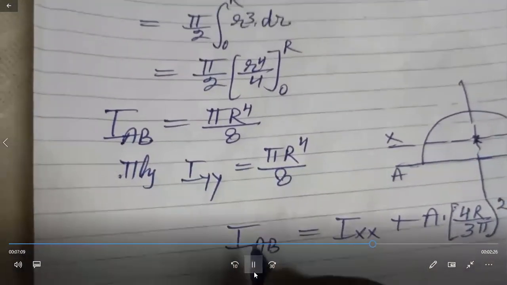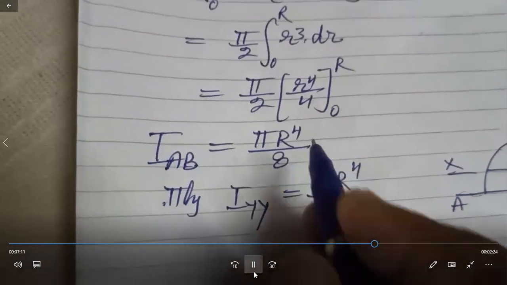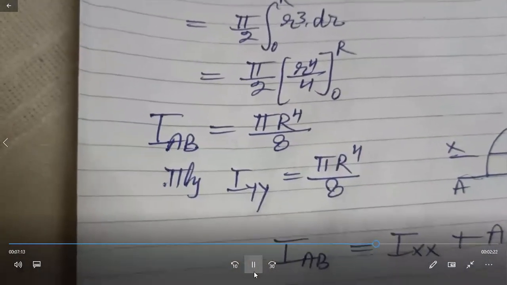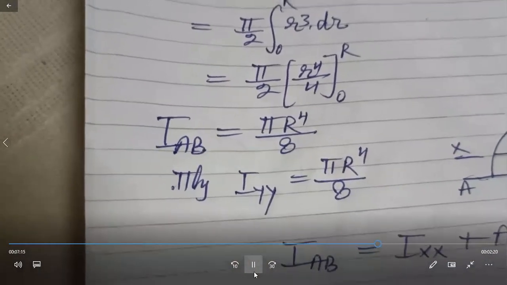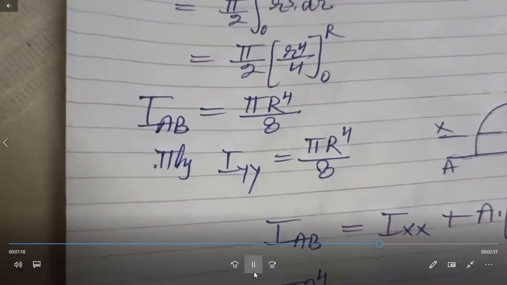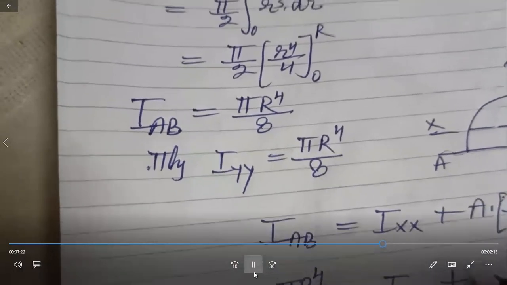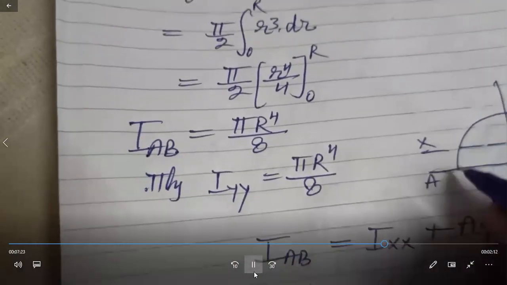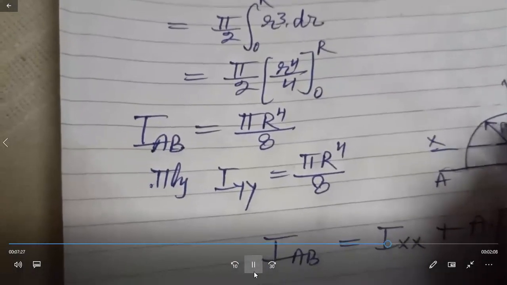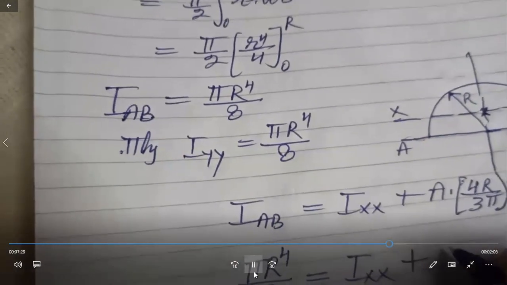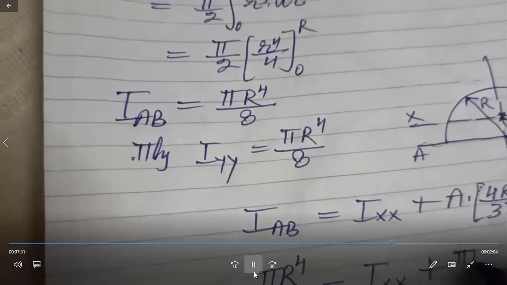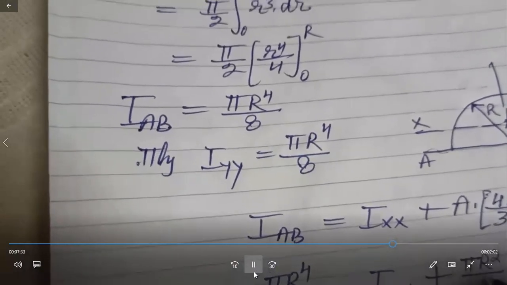Now on putting IAB as pi r to the power 4 upon 8, pi r to the power 4 upon 8 is equal to Ixx plus the area of this semicircle of radius capital R. Area of this semicircle is pi r square by 2.